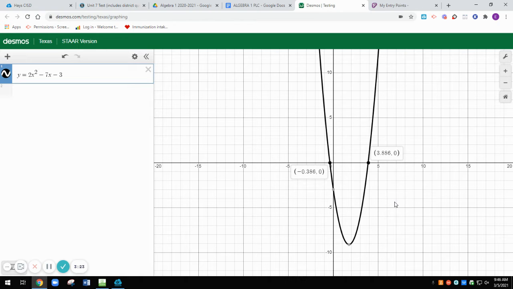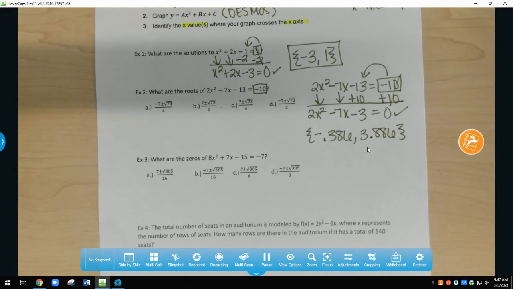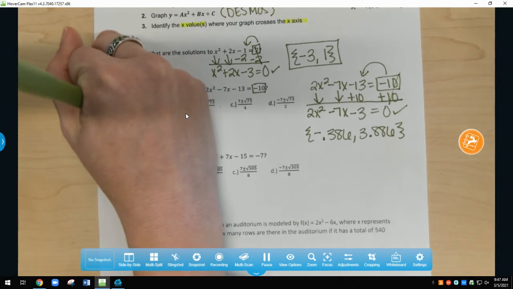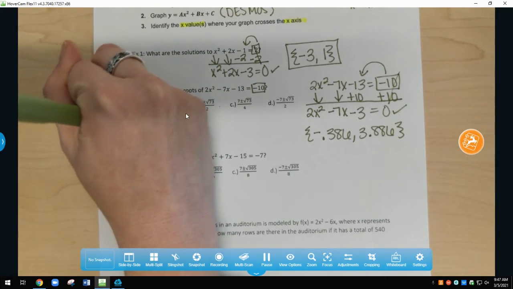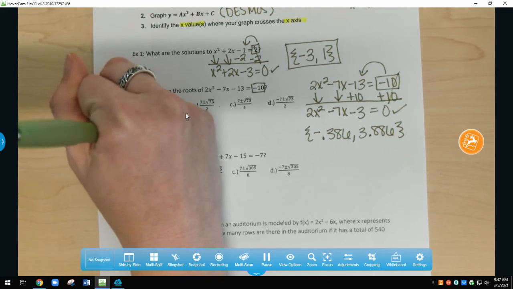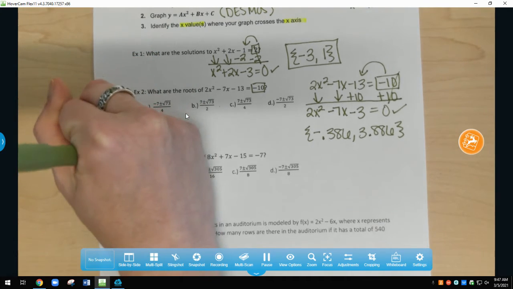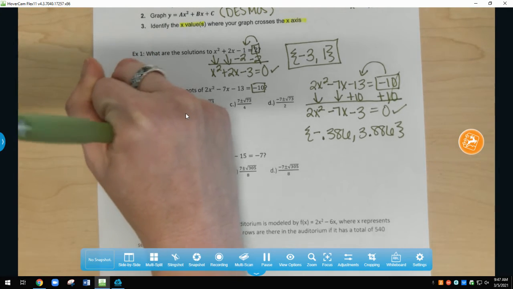So I have negative 0.386 and positive 3.886. So when we go back, these are the decimals Desmos gave me, but my answer choices are not in decimals. So we need to type the answer choices to match our decimals.